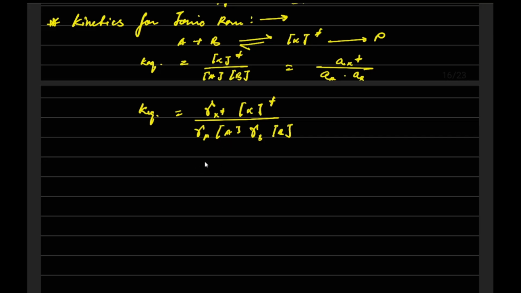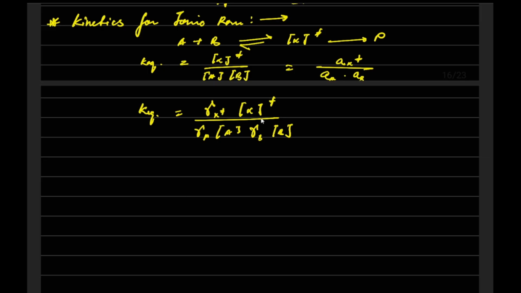Therefore, to find the rate of reaction, we require the concentration of the transition state formed, multiplied by the frequency of decomposition of the transition state.